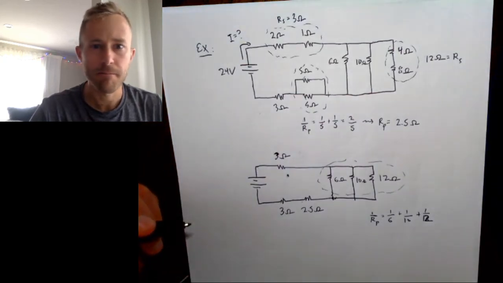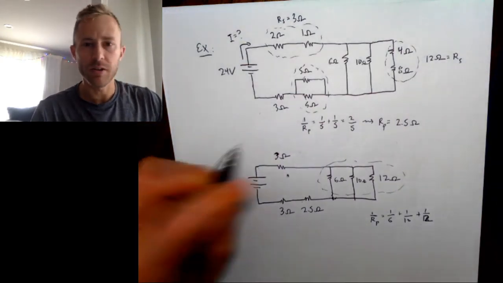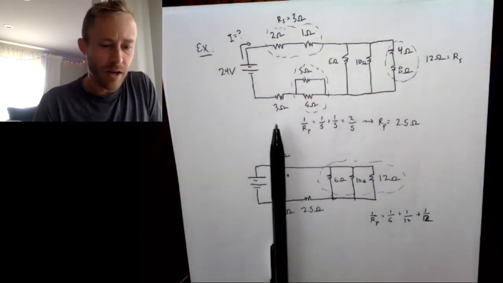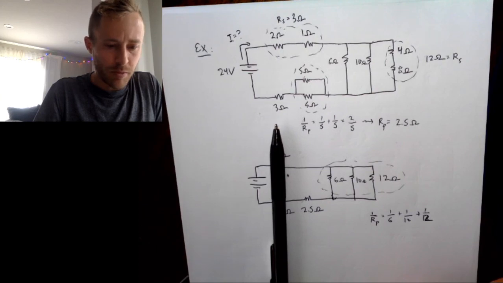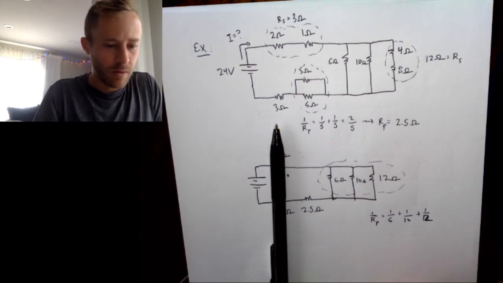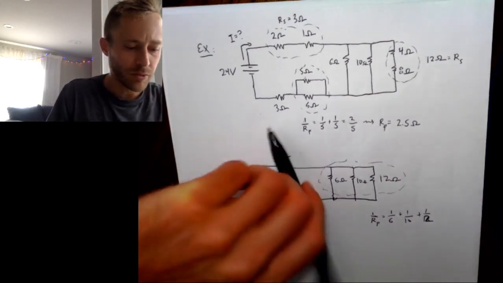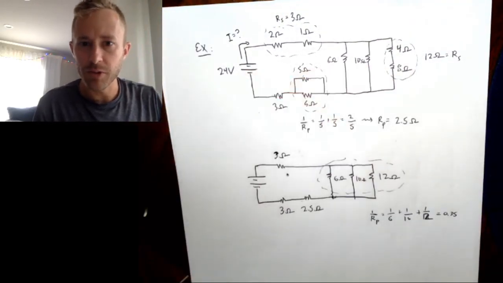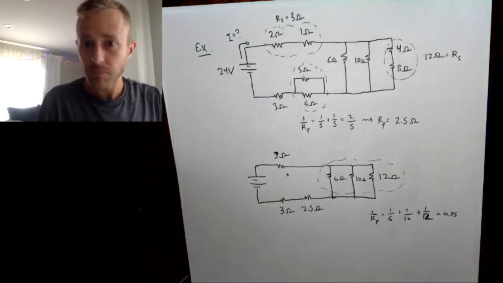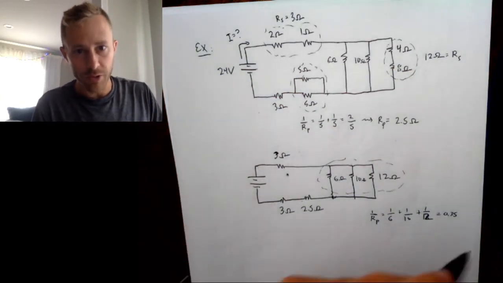Okay. And so I'm going to go ahead and do that on my calculator really fast. 1/6 plus 1/10 plus 1/12. So that equals 0.35, and then I have to remember to do the inverse of that.